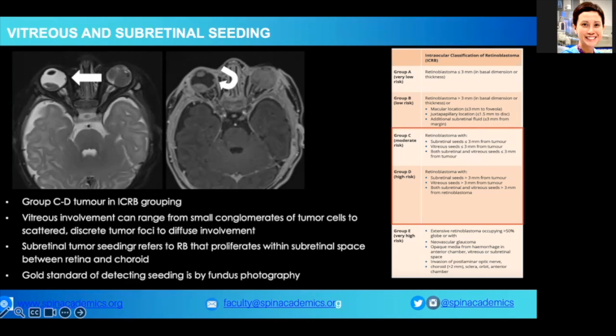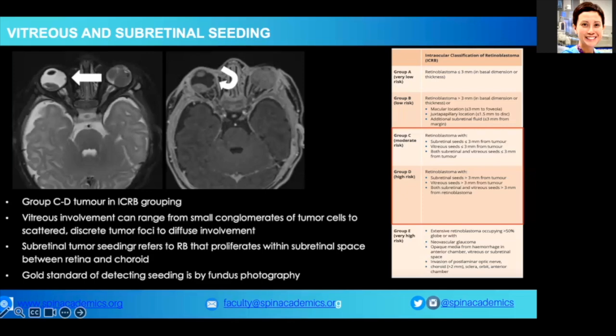Subretinal tumor can be complicated by secondary serous retinal detachment and less frequently retinal hemorrhage, which will be discussed in the subsequent slides. Point to note is the gold standard of detecting seeding is by fundus photography, and the absence of seeding at MRI cannot exclude the presence of seeding due to its small size.